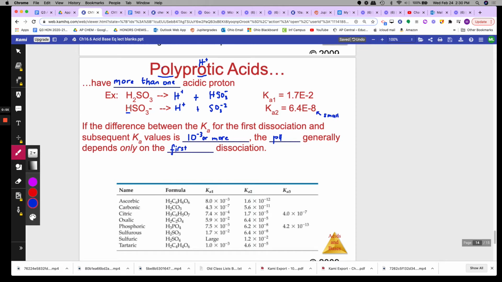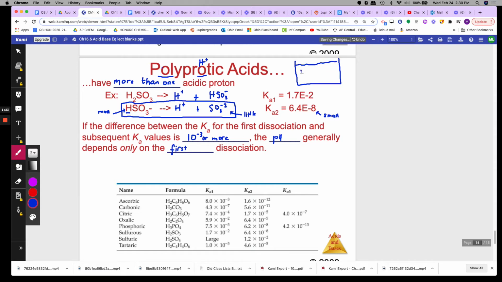That tells me that this reaction is not very significant, which means the equilibrium wants to be, this is products, this is reactants. It doesn't make too much product, so this is a very little amount of this. That means you're going to have more of this. So if I had H2SO3 in a beaker, I imagine it to look like this.